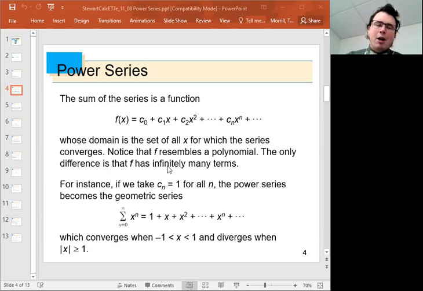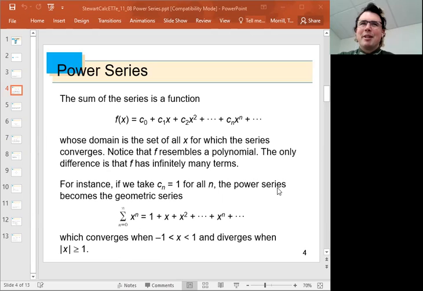If all the coefficients are equal to 1 for all n, 0 and up, then this looks exactly like my geometric series. I start off with 1, I add x, I add x squared, I add x cubed, and I just keep going. And so we've already talked about how this geometric series will converge depending on the value of x.